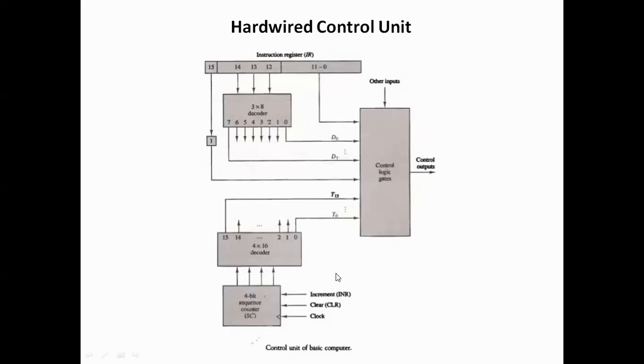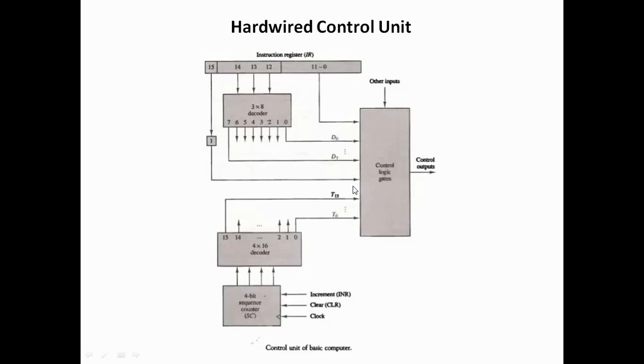And after T4, this clear line will be put on, and this sequence counter will be cleared to 0. So after T4, again T0 will start. So this can be controlled using this clear line. Whenever we want to clear, we can clear, and if we don't use this clear, it will grow from T0 to T15, then back to T0.